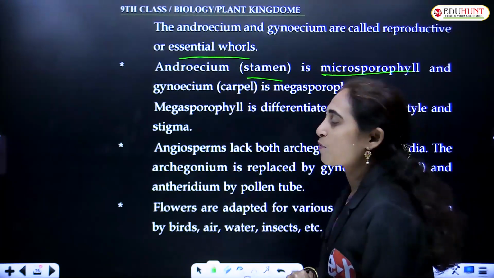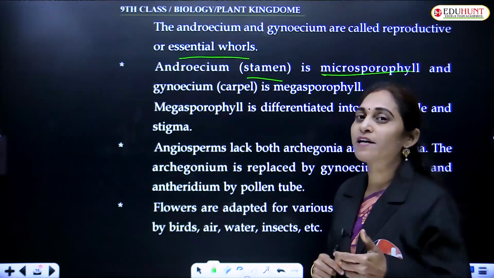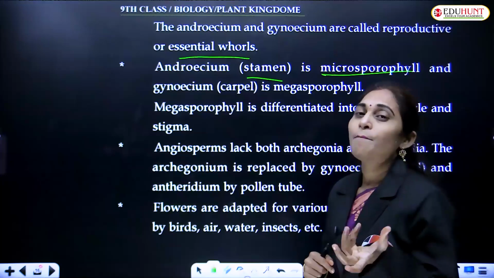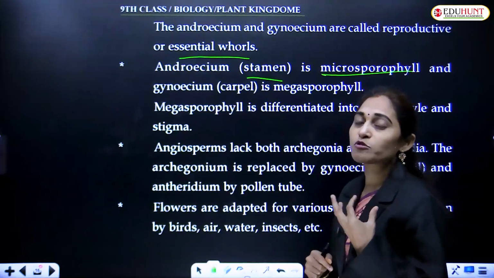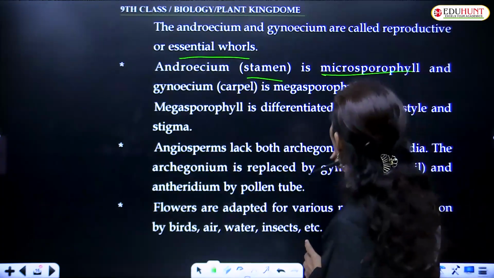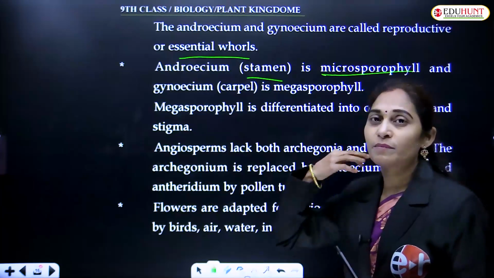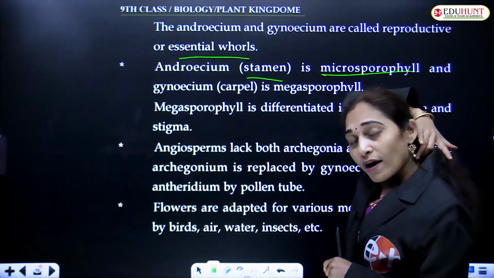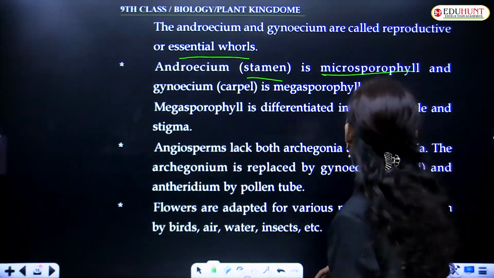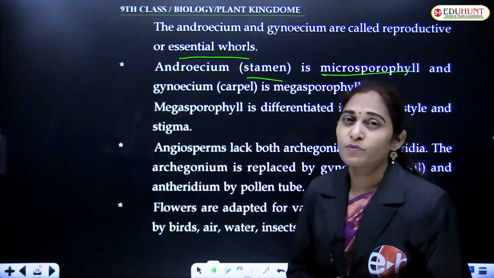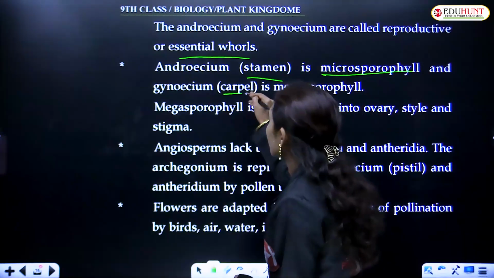Microsporophyll is a sporophyll which bears the microsporangia. Microsporangia produce microspores. Androecium is the modified microsporophylls, and gynoecium is called carpel.